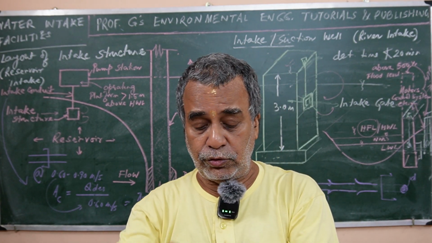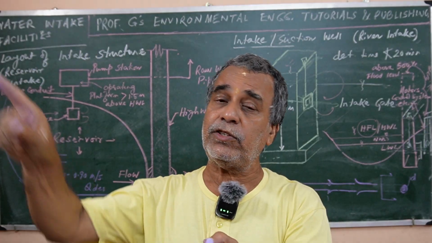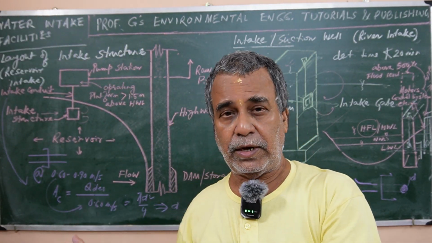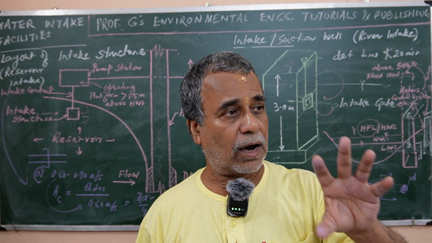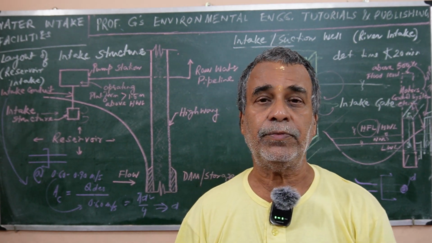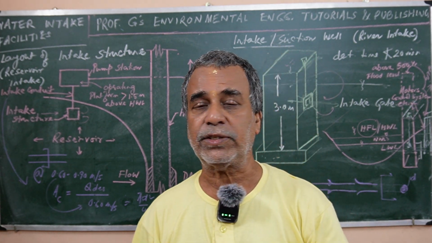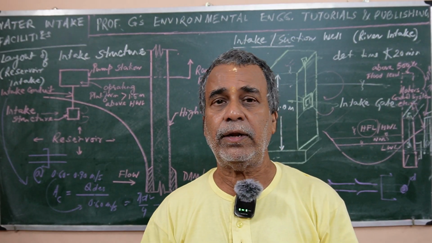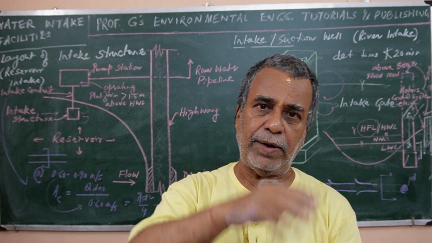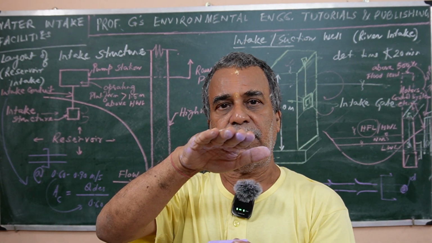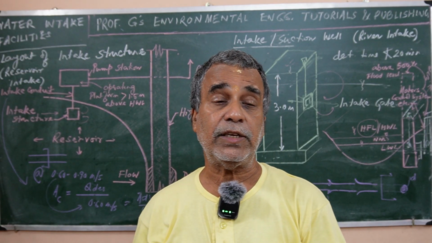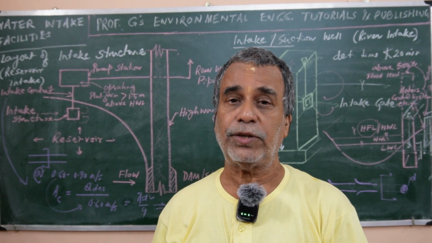Again, in the distribution at the end of the public water supply system, after treatment it is distributed or transmitted through a transmission system, that is a pipe network system. There also, wherever pumping is there, it must flow full, and wherever the pipe is under submerged condition, that also flows full. But in case of sewage flow, this is not the case.